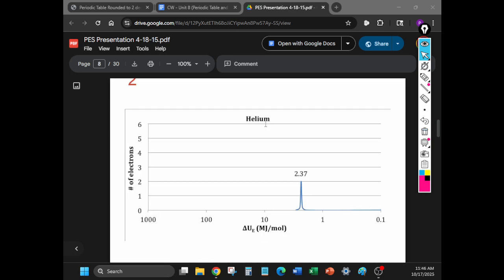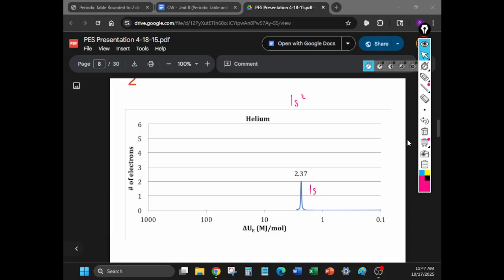The next element is helium. Helium's electron configuration is 1s2. It has 2 electrons in the 1s subshell. So it's going to have one peak, and this peak represents the 1s subshell.